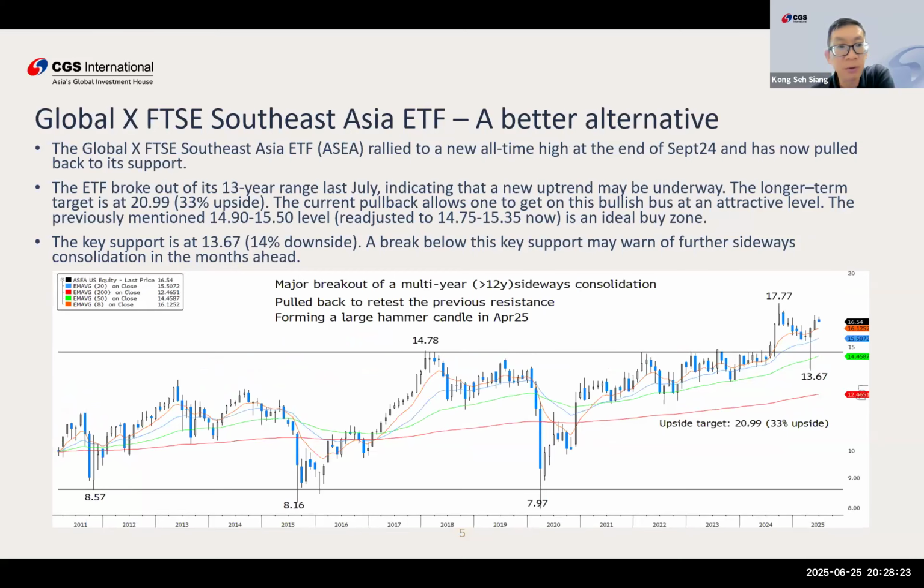So what was previously resistance is now acting as support, and it held up prices. Prices seem to be moving in the right direction over the last couple of months. With the ETF breaking out of its 13-year range, we could see more upside to go. Again, here is about 14% risk to the downside for a potential move to all-time highs beyond the 1770 level.